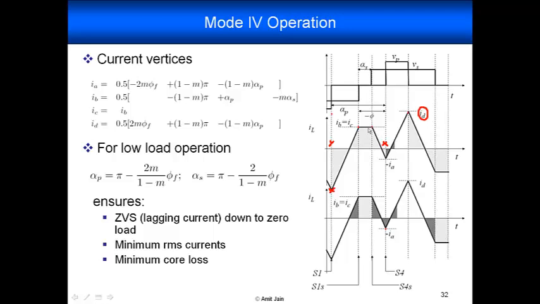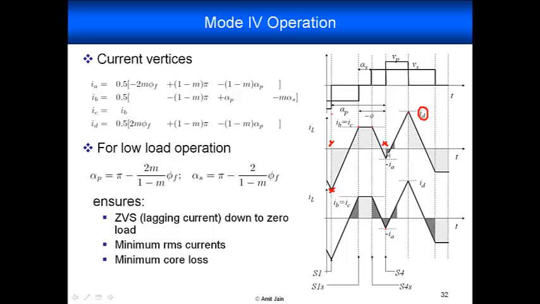So all of this current is actually giving us just loss. So we want to minimize IB and IC, but to get zero voltage switching we still want IB and IC to be greater than 0. Also we want to make sure that IA is as close to 0 as possible, because we don't want loss in this part of the current waveform.